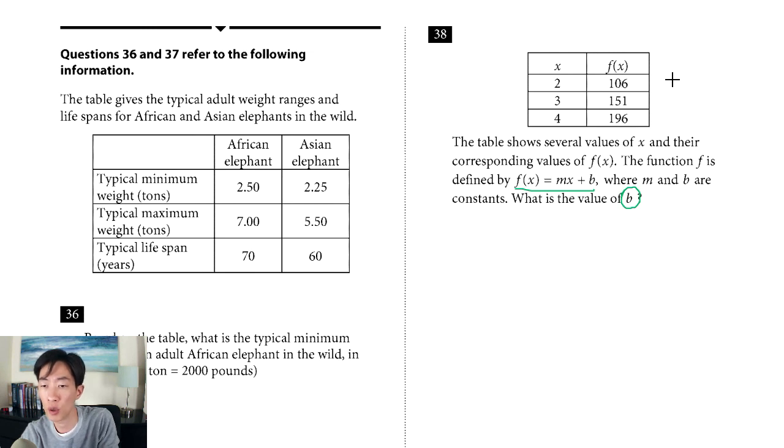Obviously, you could think of these as ordered pairs, (2, 106), (3, 151), (4, 196), and we want to figure out (0, b). Now, all these points have the same slope. So let's say I calculated the slope between this point and this point. I can take that slope and then calculate using that slope between this point and (0, b) and then solve for b. So that's going to be my strategy.